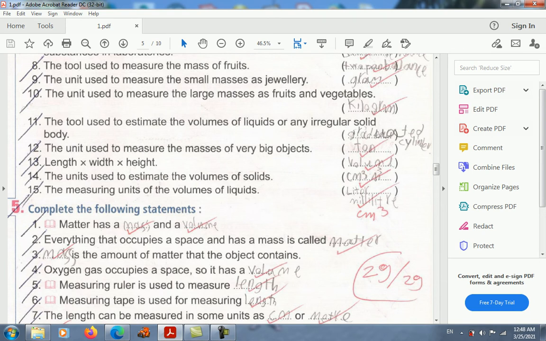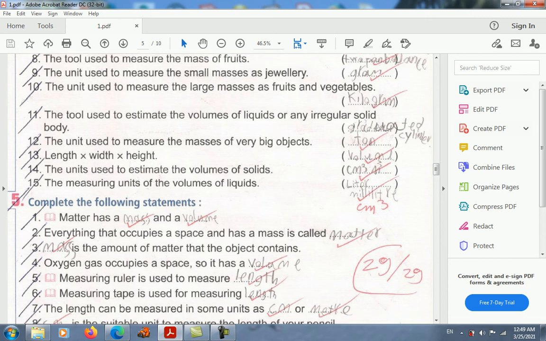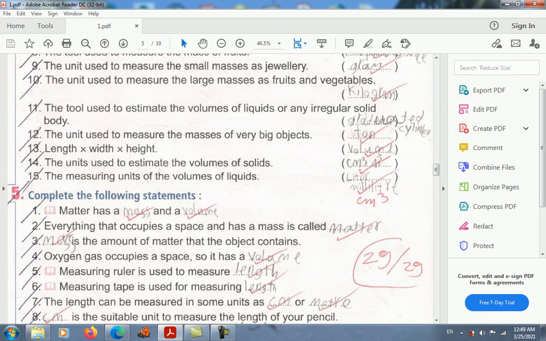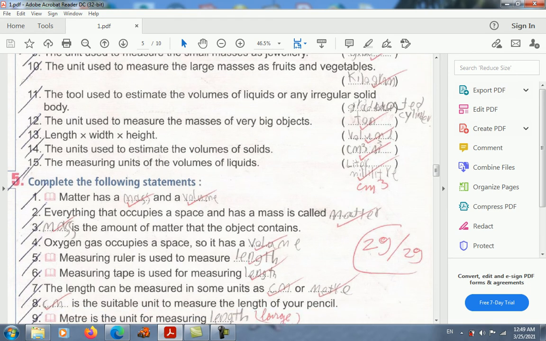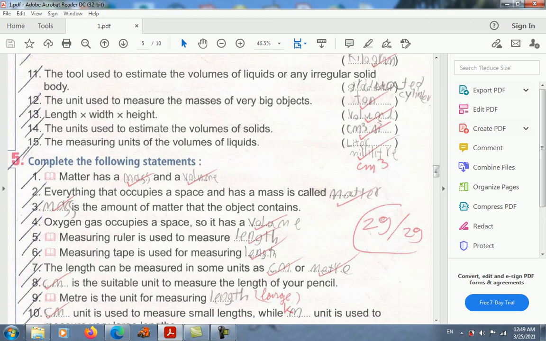The tool used to measure the mass of fruits. It's two pans balance, or the regular balance. 9. The unit used to measure the small masses as jewelry. Gram. 10. The unit used to measure the large masses as fruits and vegetables. Kilogram.